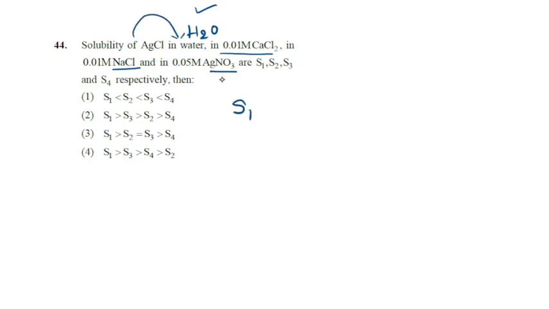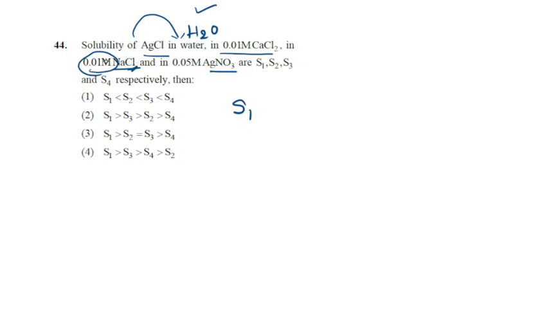Definitely S1 is greater than all these three, because all these three contain the common ion with that of AgCl. And if we consider this NaCl, Cl minus ion concentration is 0.01 molar with only one ion in the NaCl. So a common ion is there, and whenever there is a common ion the solubility decreases.